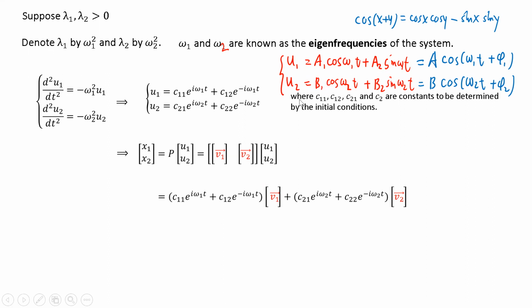Anyway, now let me just take these two forms for now. And now we have obtained the general solution for u1 and u2. But at the end, what we want is x1 and x2, where x1 and x2 are the actual displacements of the two particles that we are looking for, right?